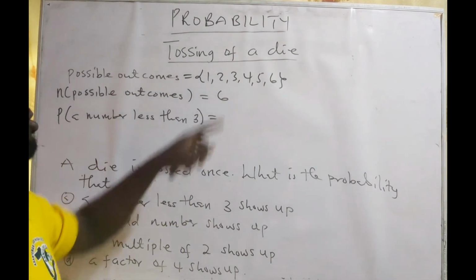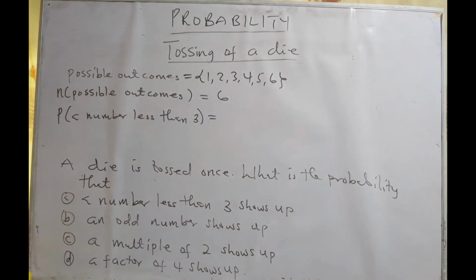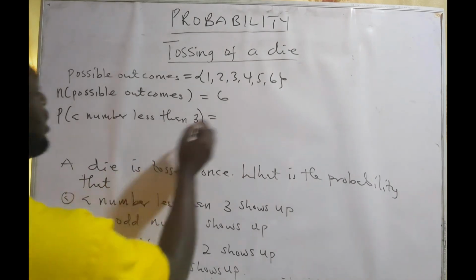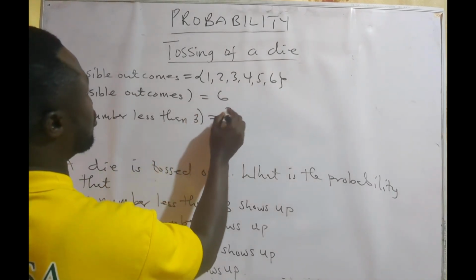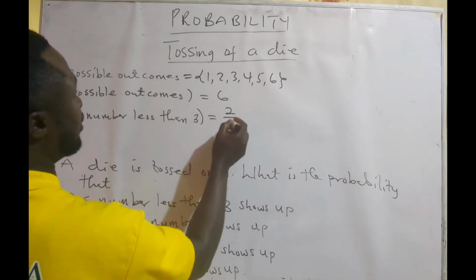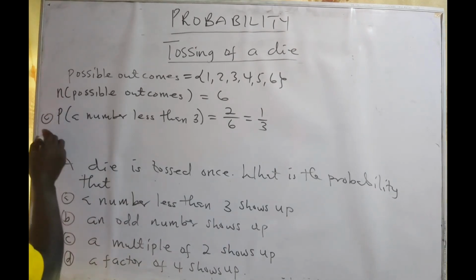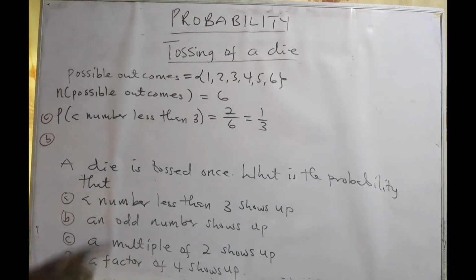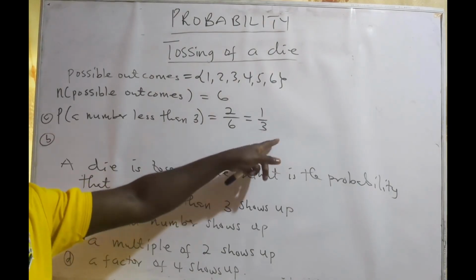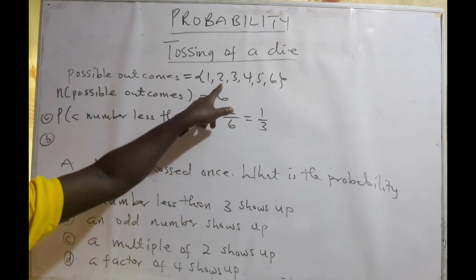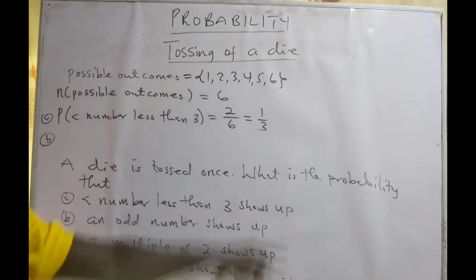These are the 2 numbers that are less than 3. So how many numbers less than 3? 2, and the number of possible outcomes is 6. So that will give me 1 over 3. That is the A. So a number less than 3 showing up is 1 out of 3. That is 2 over 6, 1 over 3.